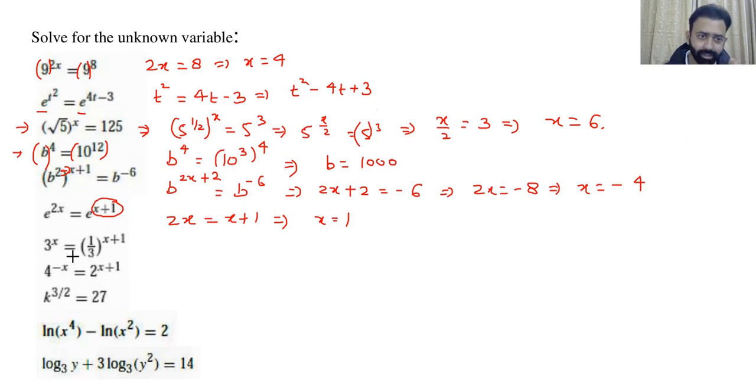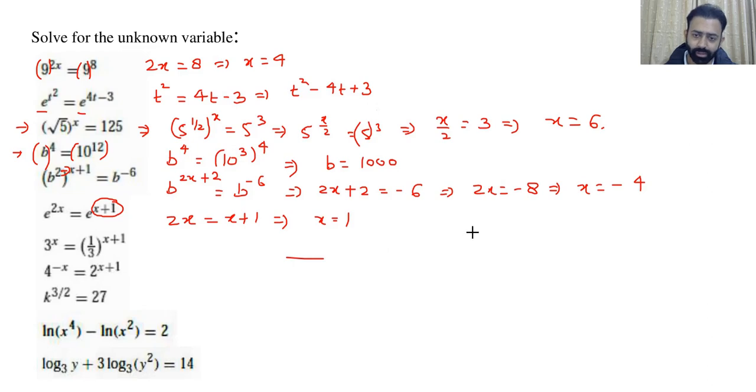Okay, the next one is 3 raised to power x is equal to 1 by 3 raised to power x plus 1. Now as you can see here, the exponents are different, and the bases, the form of writing the bases, are also different. We can make the bases the same by writing the right hand side as 3 raised to power something, right?